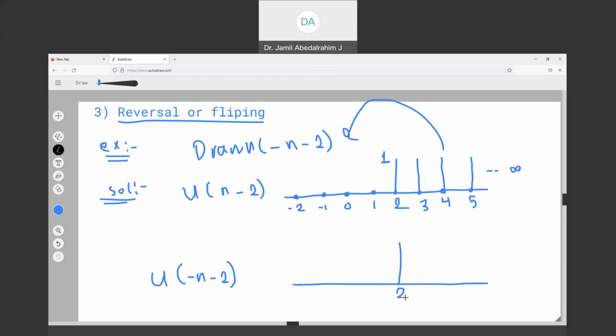We keep 2, then 1, 0, -1, -2, till infinity.